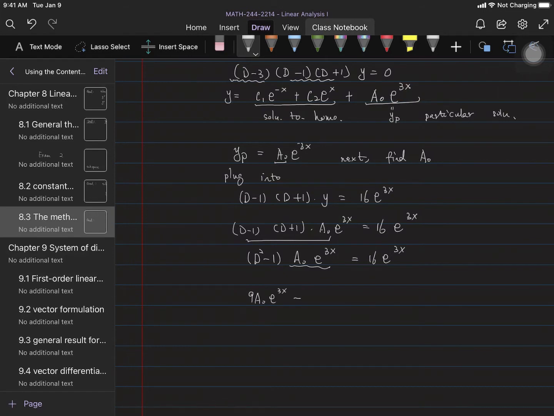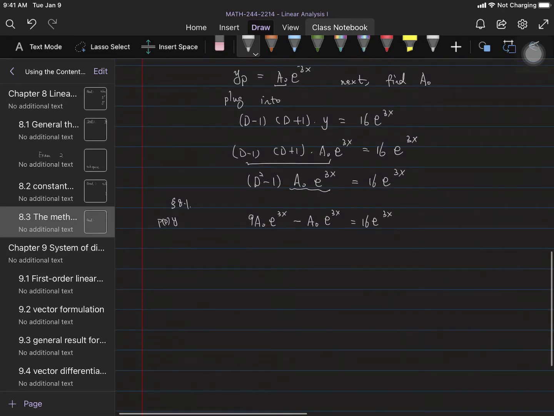Is that right? And then minus just itself. If you forgot this one, please review 8.1, how to find the particular solution. So second derivative minus just the original function, and this equals 16 e to the 3x.